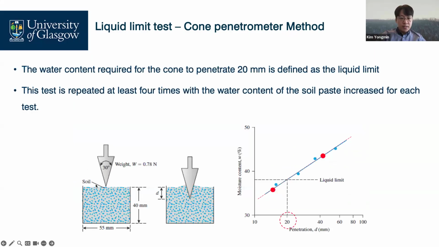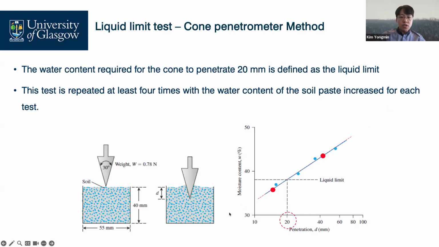Something like that. The soil and cone are just in contact, or with a small gap. The cone is permitted to fall for 5 seconds, and the water content corresponding to a cone penetration of 20 mm defines the liquid limit.